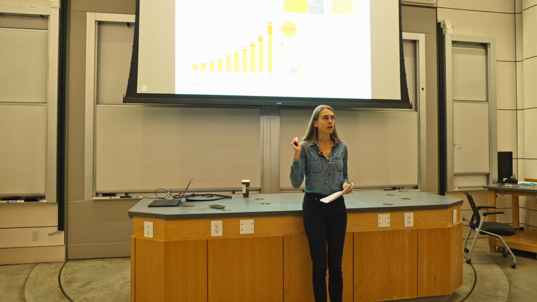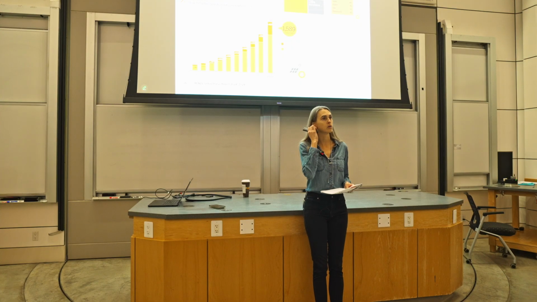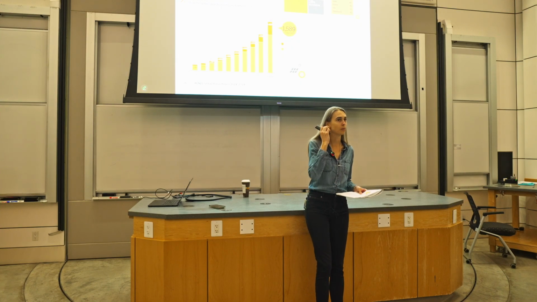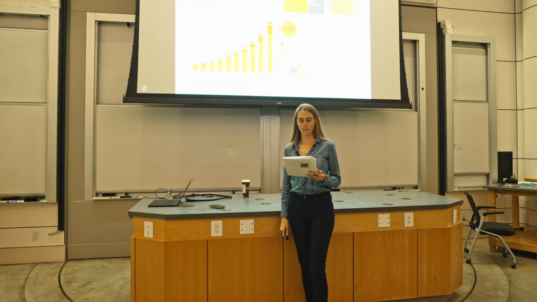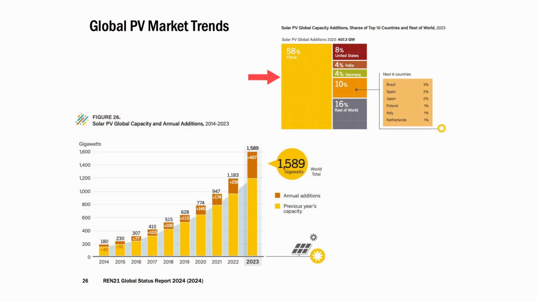Germany was really an early leader in solar PV installations, but they were quickly surpassed in 2015 by China as the installed capacity leader, and China remains the leader today. But we're also seeing a lot of growth in other countries around the world like India and Mexico, and emerging markets in smaller countries in Asia and Latin America as well.